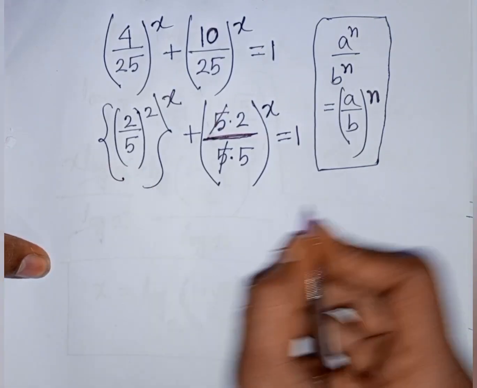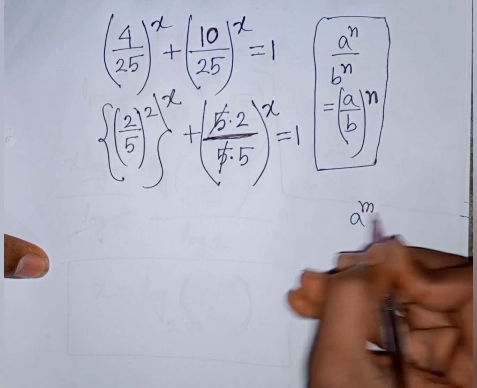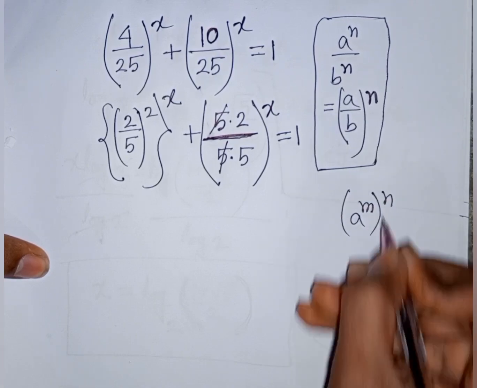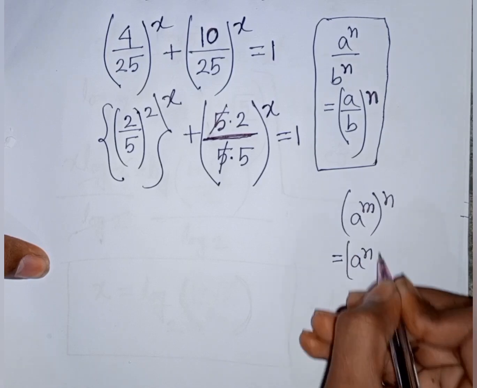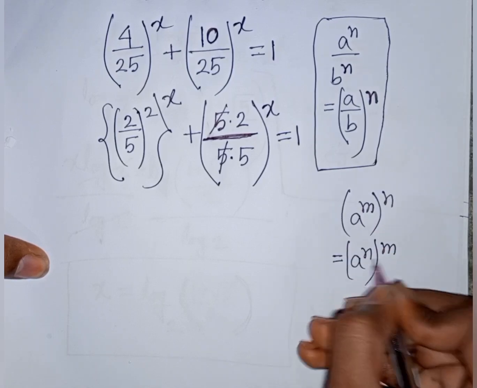Now here I can apply this exponential rule that a power m bracket power n is equal to a power n bracket power m.